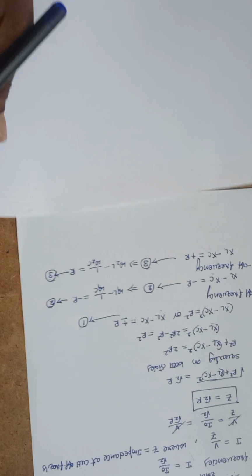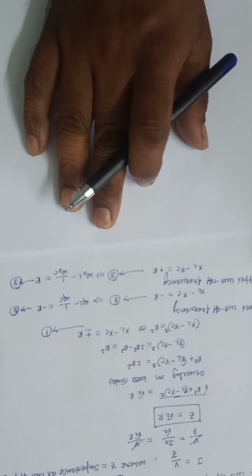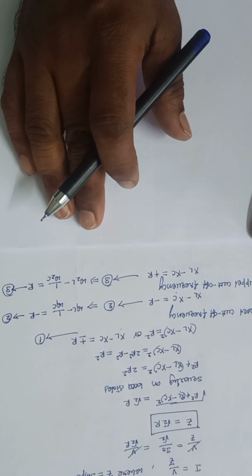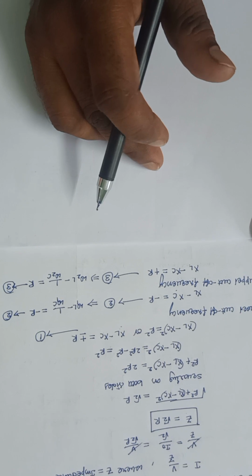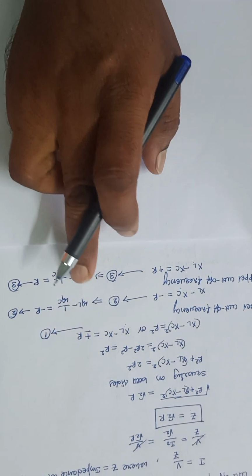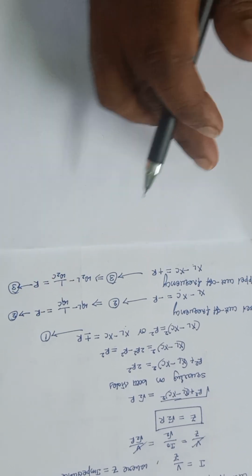Next, if I add these two equations, what is my purpose here? I need to find the bandwidth. Bandwidth is nothing but omega 2 minus omega 1, or F2 minus F1. For that I am doing the manipulations here.